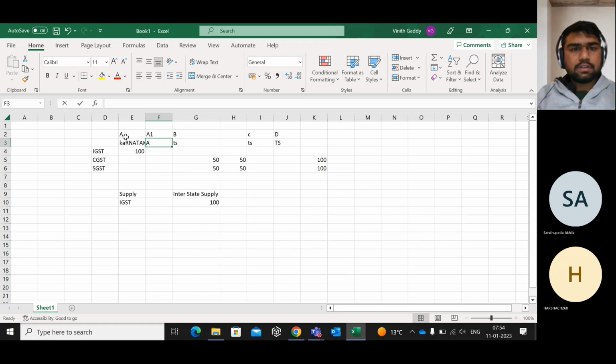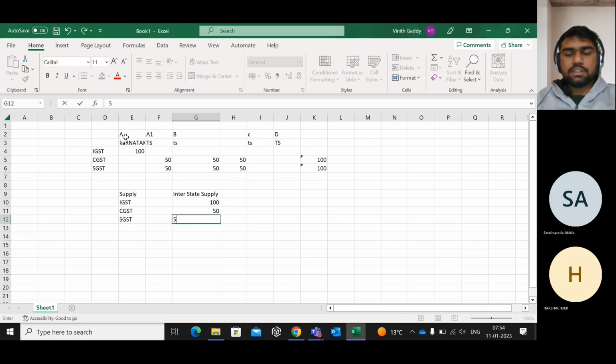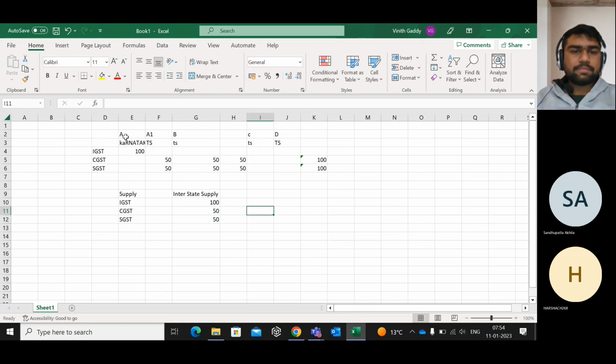He is also in Telangana. 50, 50. Now, B is purchasing from A, B is purchasing from A1. From both he is purchasing. One is the interstate supply, another is the intrastate supply. So in input tax credit ledger, he has 100 rupees IGST, 50 rupees CGST, 50 rupees SGST.